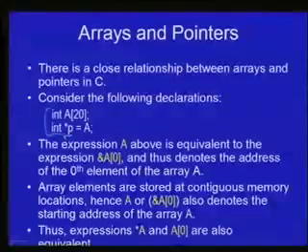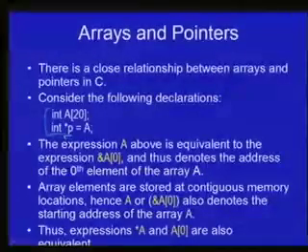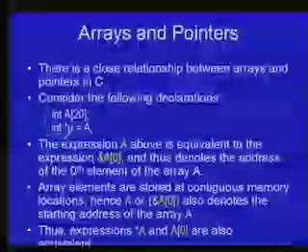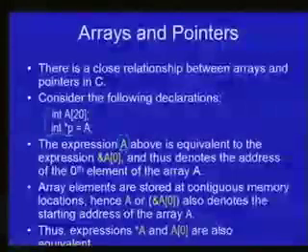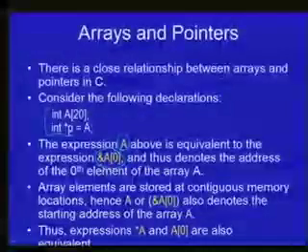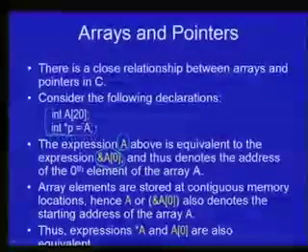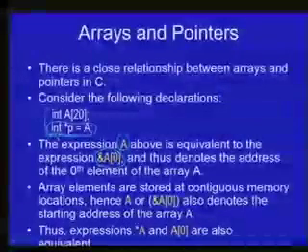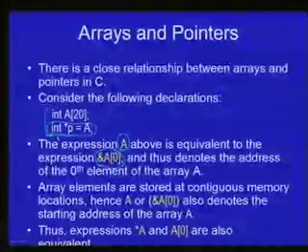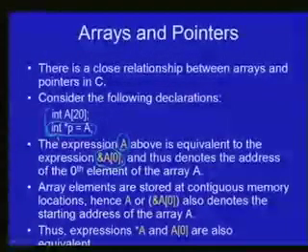Now in C, the expression a itself, where a is the name of an array, is nothing but the address of the 0th element of the array, and therefore the expression a and the expression ampersand a[0] are completely equivalent, which means that in this initialization, p is being initialized to point to the 0th element of the array a.